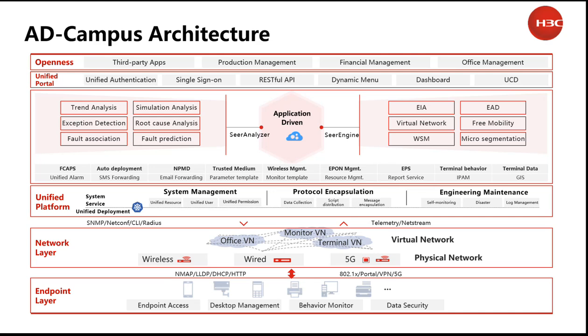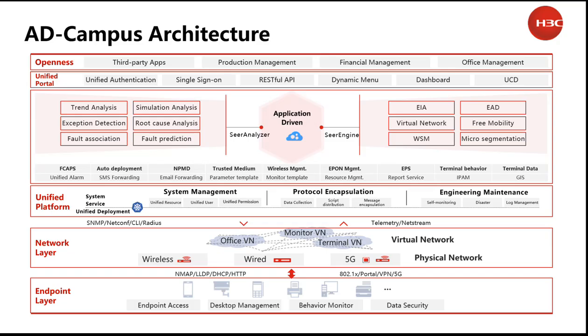The analyzer, as it says, analyzing all aspects of the network, looking at trends, looking at root cause analysis, even wireless one key optimizations, looking at the network both from the user perspective and the network perspective, as well as the SEER engine, the actual brain that controls the network, be that your config deployments, your actual automation, your fixing of the network, or the AI-driven automation and intelligence built into AD Campus.